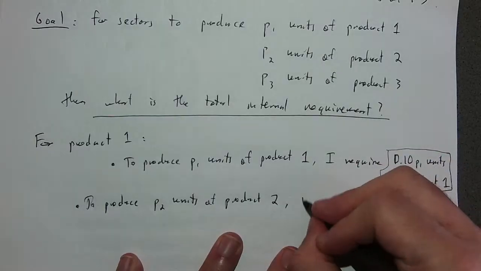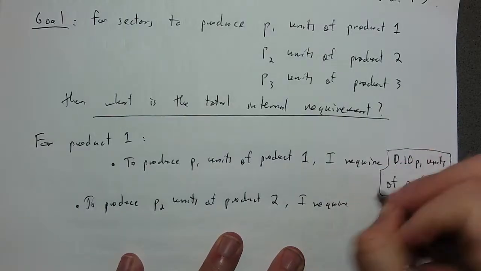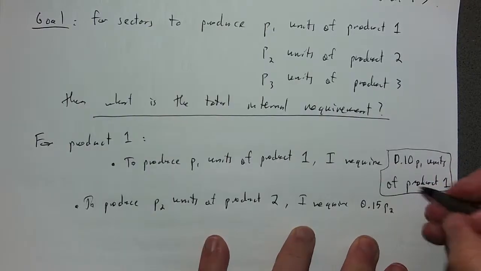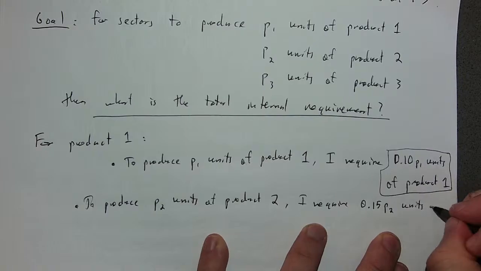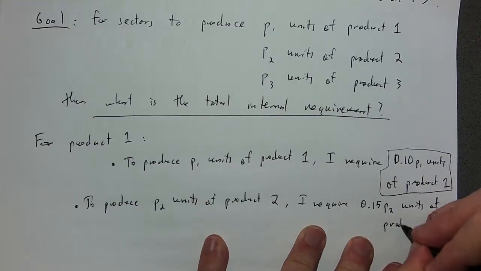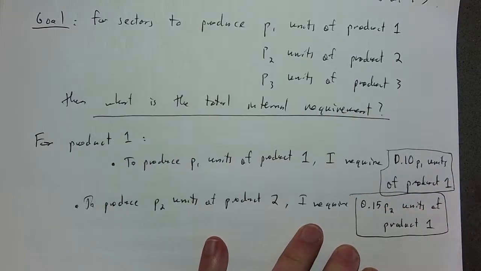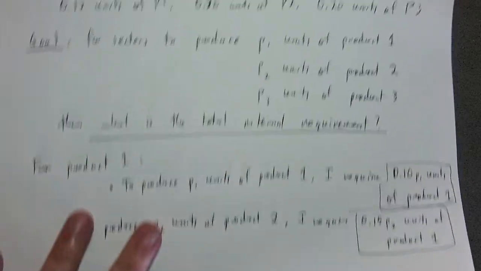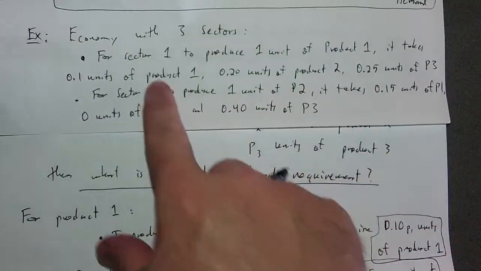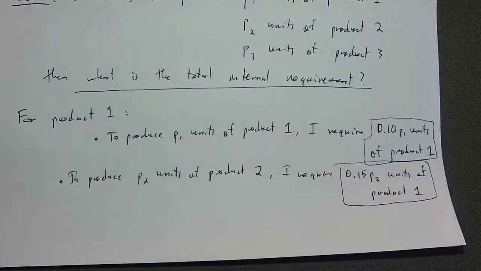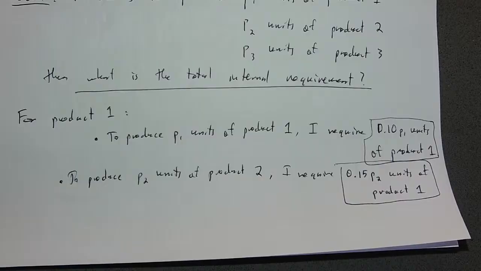So I require 0.15 times P2 units of product 1. Now, why are we multiplying by P1 and P2 here? Well, because these original statements were the requirements to produce 1 unit. So if we're producing P1, P2 units, I'm scaling it by that amount. That's why it's important to know this for production of a single unit.